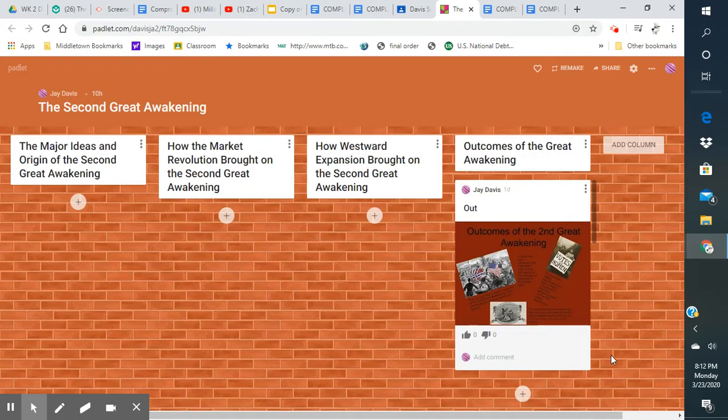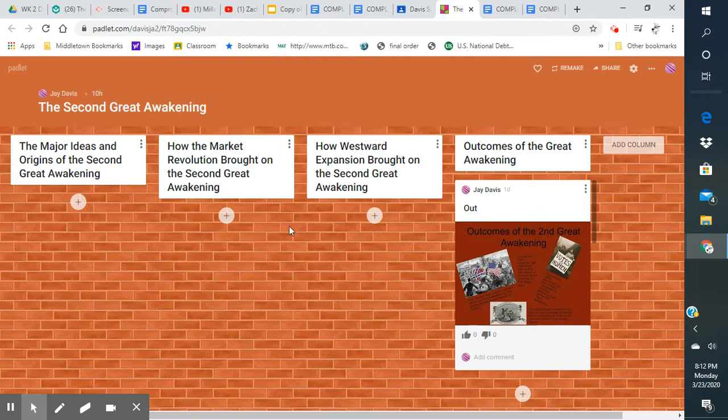So I set up the Padlet in this way. The major ideas and origins of the Second Great Awakening. Then you have how the market revolution brought on the Second Great Awakening, how westward expansion brought on the Second Great Awakening, and lastly, the outcomes of the Great Awakening. So if you have one of these topics that you're going to add to the Padlet, this is what you do.